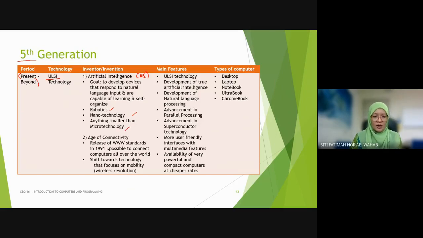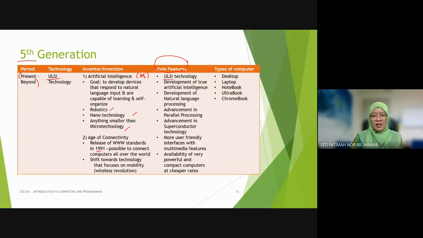The age of connectivity: it released the WWW standards in 1991, making it possible to connect computers all over the world, and we shift toward technology that focuses on mobility. This is called the wireless revolution. So what are the main features?